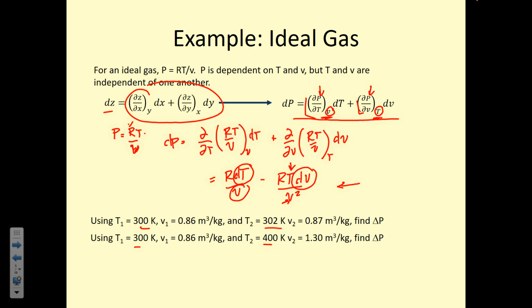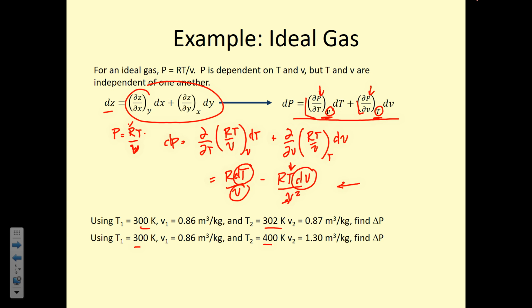We're going to look at using this equation and how accurate it is compared to just using the ideal gas law at the outset, to see over what temperature intervals it's consistent and accurate.